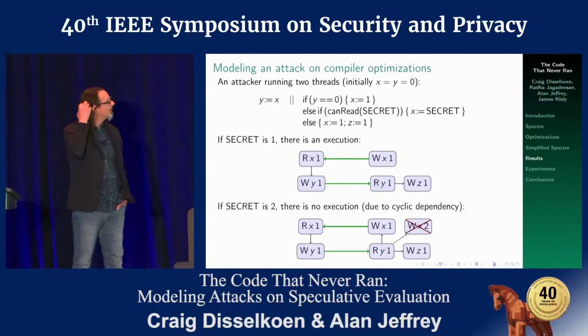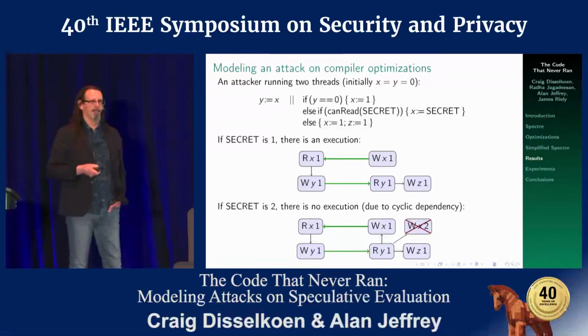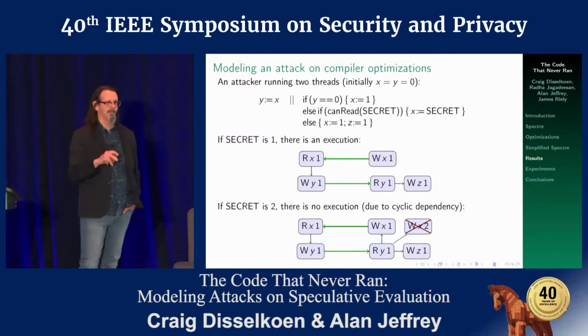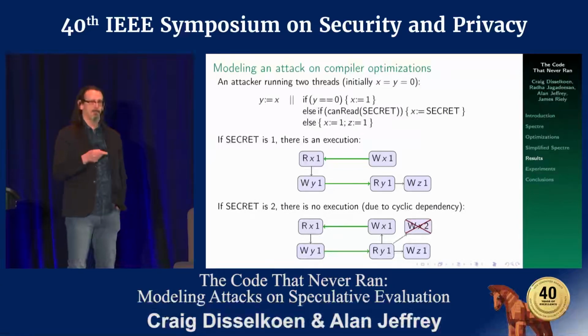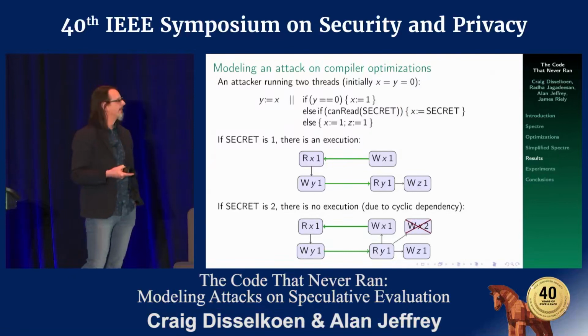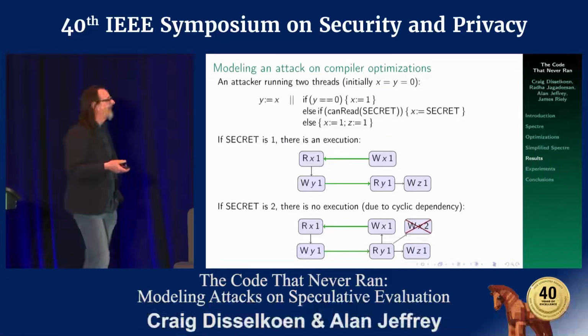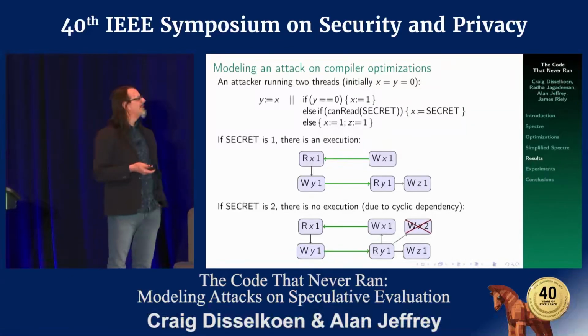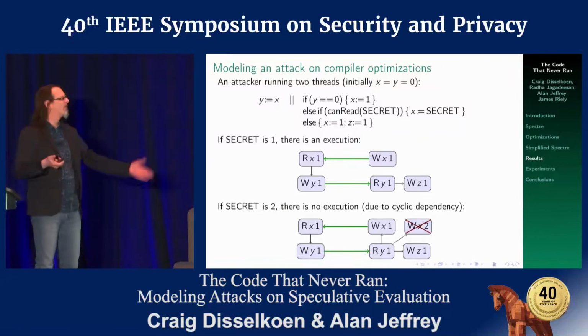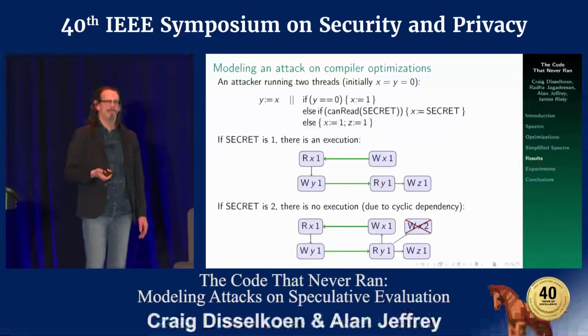If you look at that program, we've got a multi-threaded program with 2 threads, one of which is forwarding x to y, and the other looking to see if y was non-zero, and if it is, setting x to be 1, and otherwise doing the Spectre kind of stuff. You would think there is no way that write of z to 1 can happen. How did you end up down that branch?